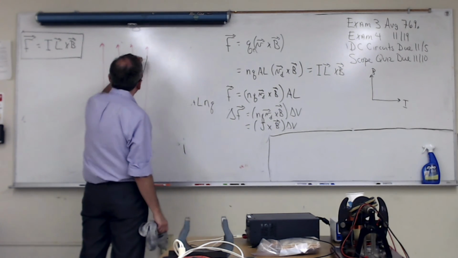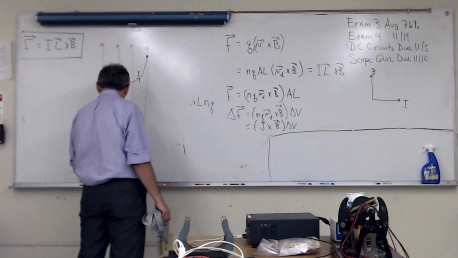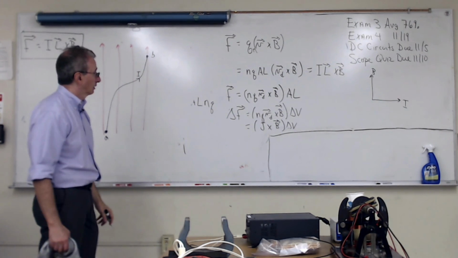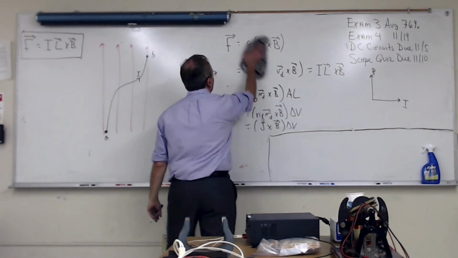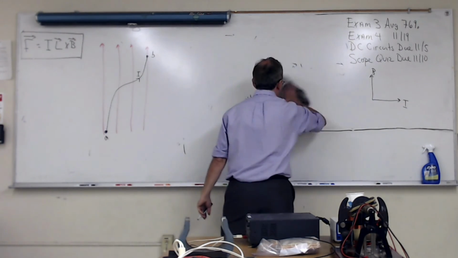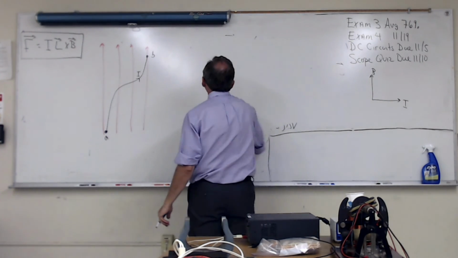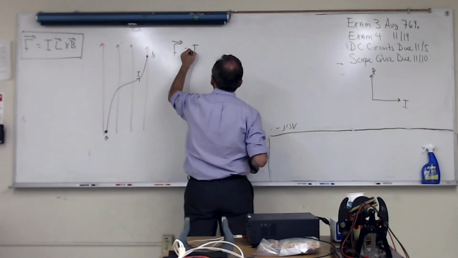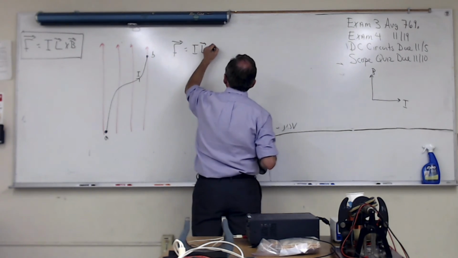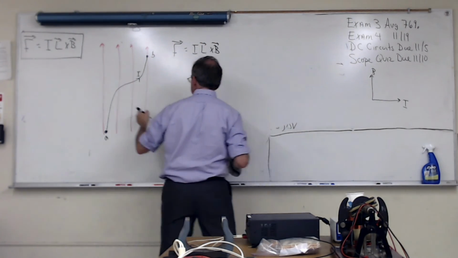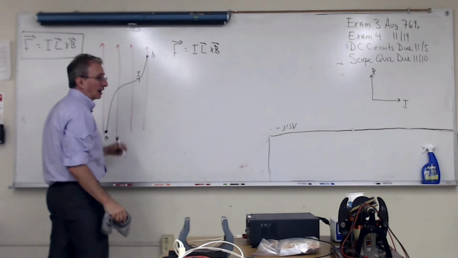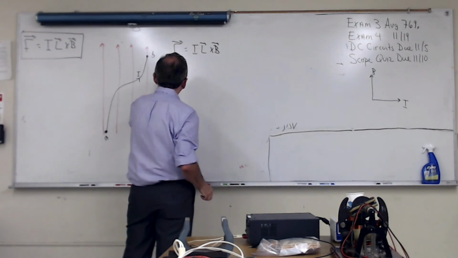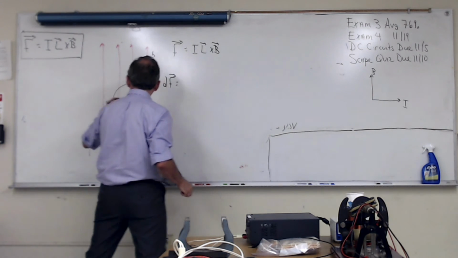I want to find the force on a wire between points A and B. I know that F is I, L cross B. But if this direction constantly changes, if theta constantly changes, then I have to break up my wire into small pieces.